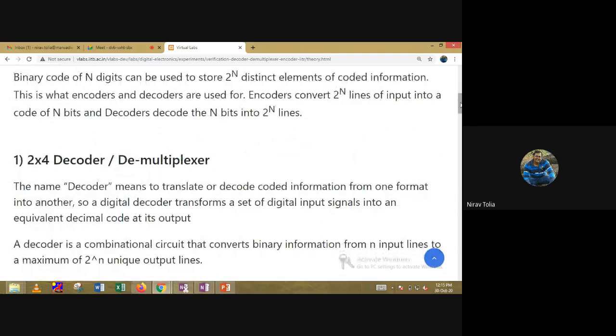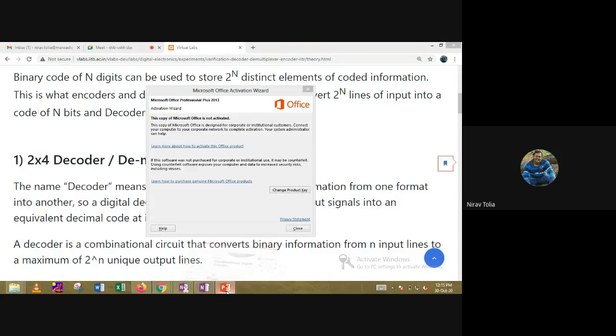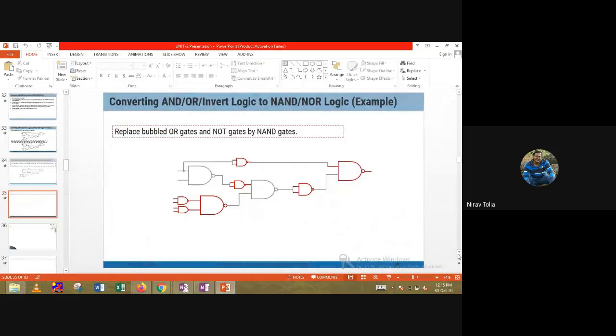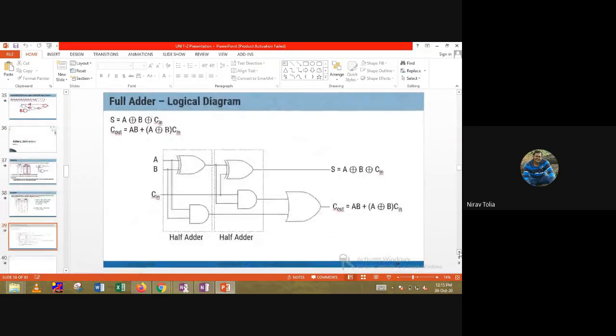So what is a decoder actually? The meaning of decoder is to decode. Suppose you have some code, and if you want to decode that code, then you require the decoder. The encoder and decoder are already covered in the theory session, so I think almost all of you are aware of encoders and decoders.